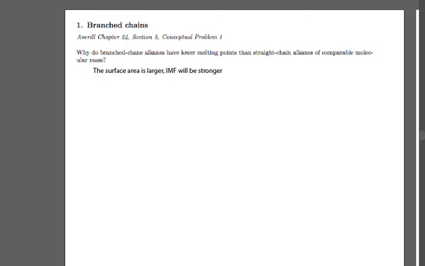Hmm. Actually, if you are just considering the ones that have a pretty similar mass, that would be hard to imagine. There has to be something to do with the surface area, but then the surface area is all hydrogens, though.